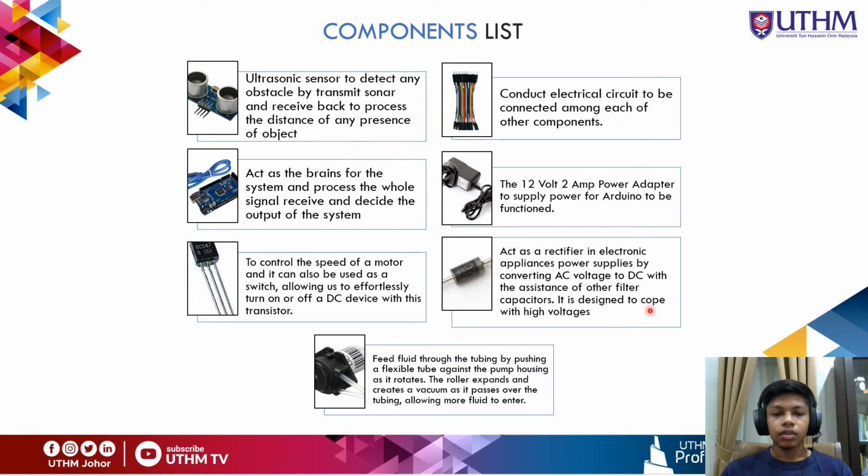It is designed to cope with high voltage. The final component is the peristaltic pump, which feeds fluid through the tubing by pushing a flexible tube against the pump housing as it rotates. The roller expands and creates a vacuum as it passes over the tubing, allowing more fluid to enter.